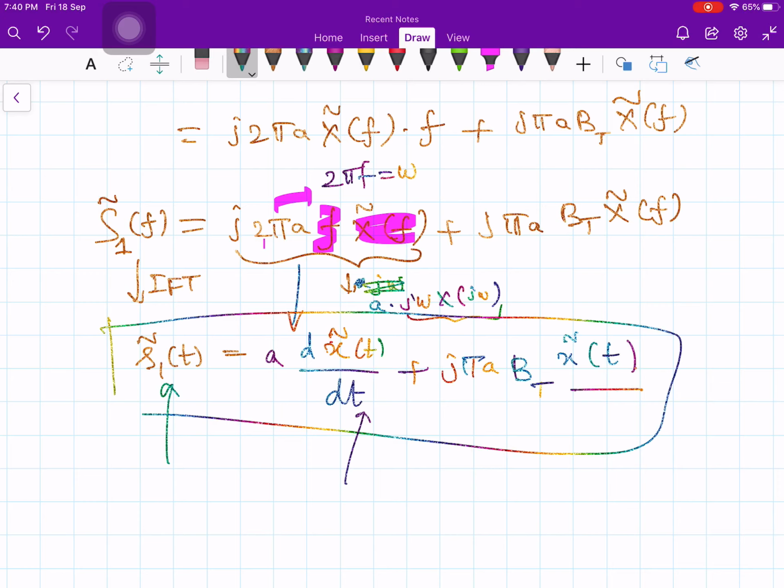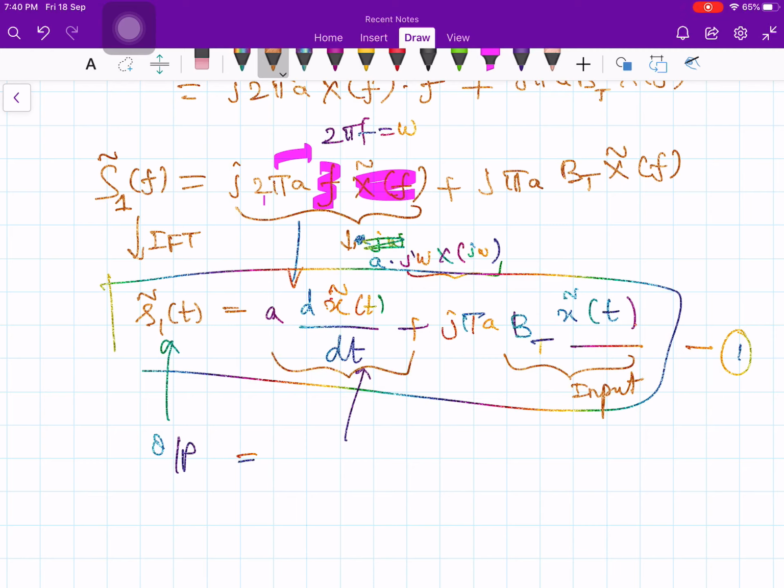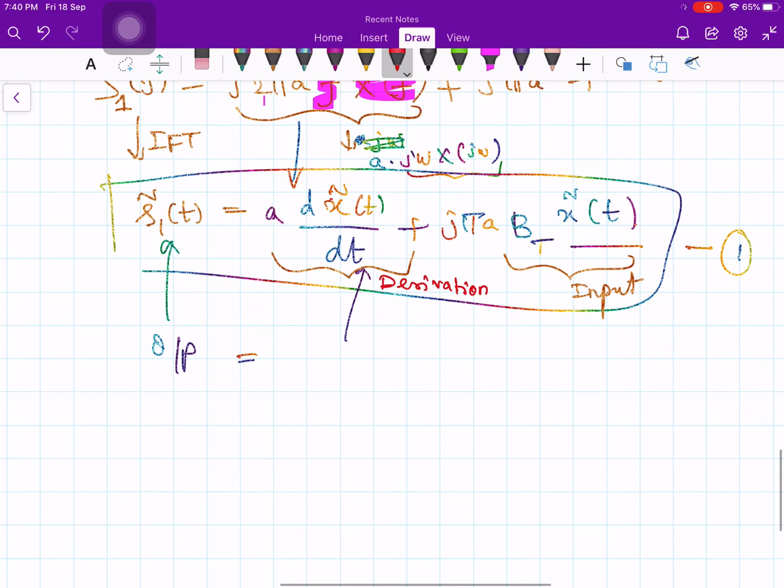Now let us think a little more about this equation. Let me say equation number 1. What do you find from this equation? This is my output. Output is the sum of two things. The first one is the input itself, plus the derivative.